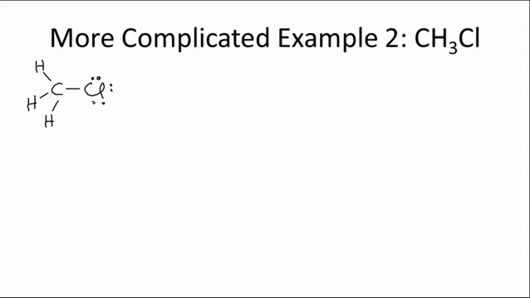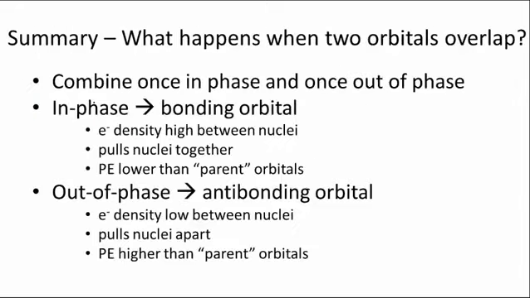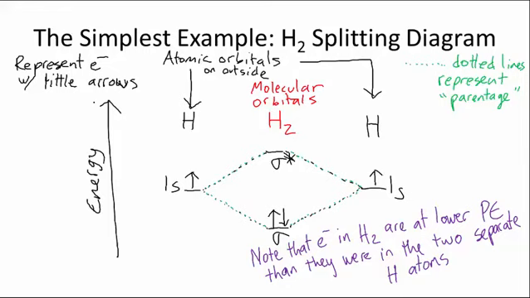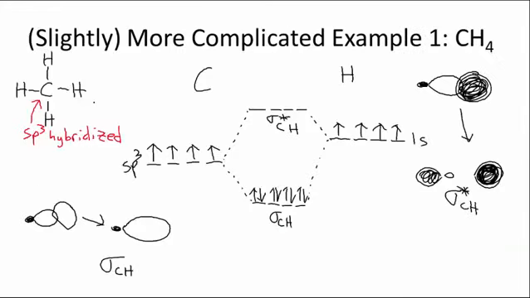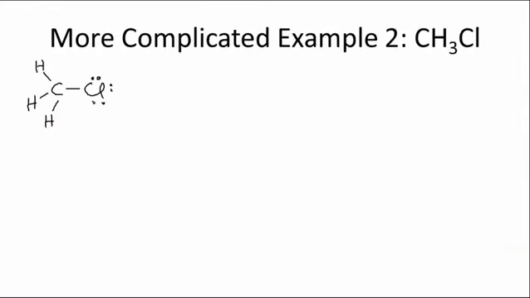So the question is, how do I deal with those two things? Well, what I'm going to do is I'm not going to draw a single splitting diagram for the whole thing. Once we get past simple examples like H2 or CH4, I'm really not going to draw a single splitting diagram that shows a whole molecule anymore. But we can consider each individual bond. So this is going to kind of go back to Module 5 where we're describing all the bonds in a molecule.